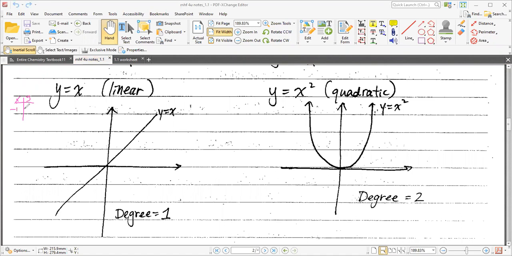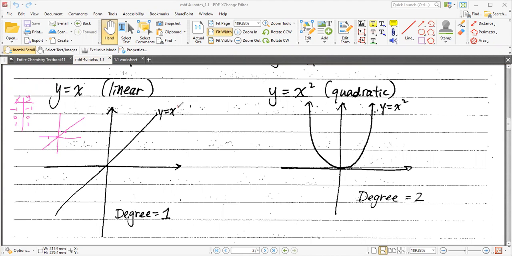When x is -1, y is -1. When x is 0, y is 0. And when x is 1, y is 1. These 3 points are enough for me to graph it: (0, 0), (1, 1), (-1, -1), and you connect them. Everyone knows this is the graph of y = x.